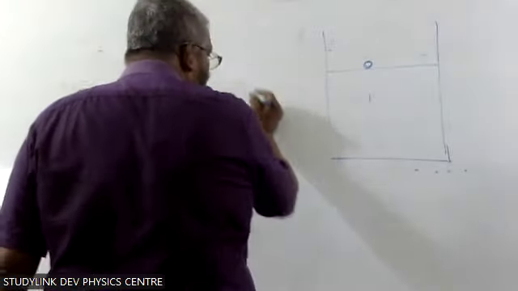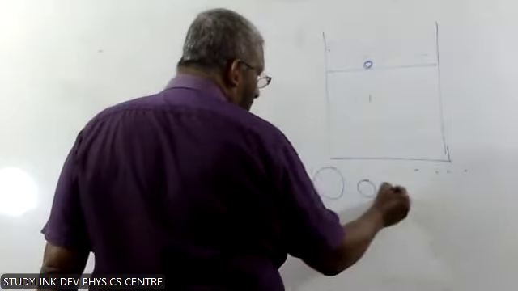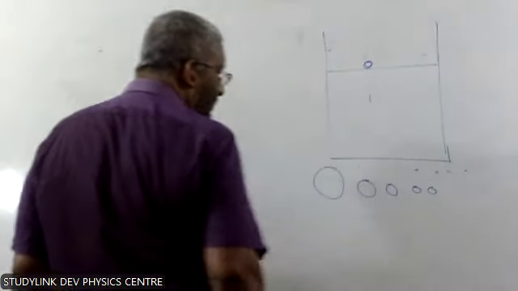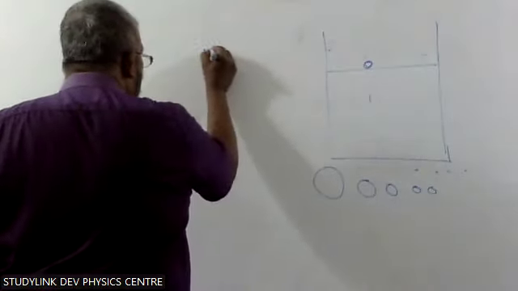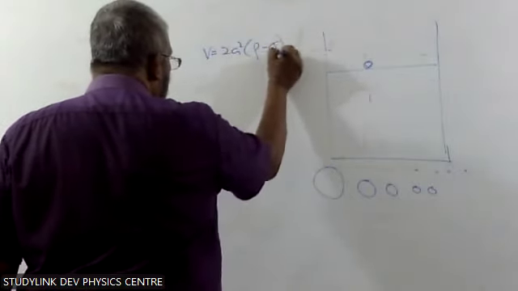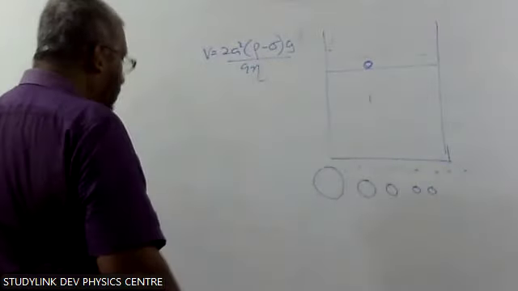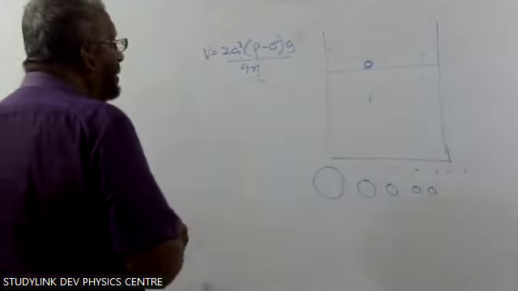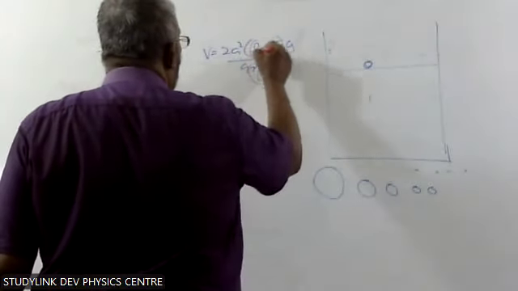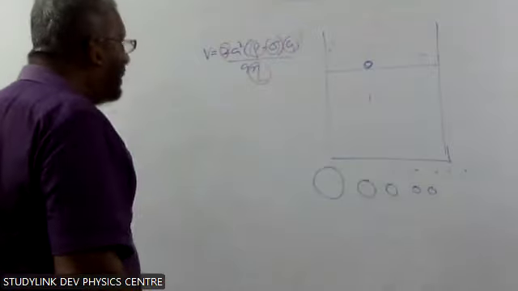We'll consider different size particles. The equation related to this is v equals 2a squared (rho minus sigma) g over 9 eta. All these are constant for a given situation. Eta, rho, sigma, g, 2 all are same.